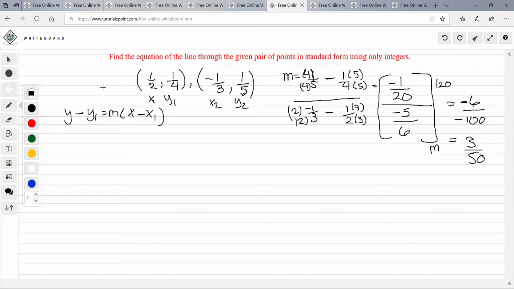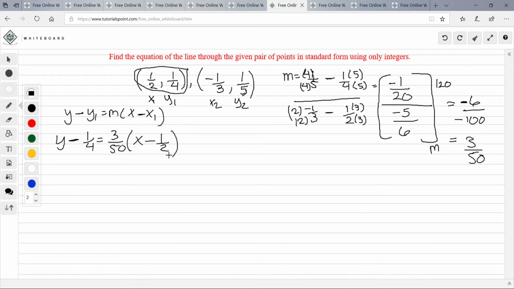So for this one, we got to pick a point. We could either pick this point or this point. This doesn't really matter. I'll just pick this point. I always circle it so I don't get confused. So this is going to be y minus y1, which is 1/4, equals, and then our slope is 3/50 times x minus x1, which is 1/2.